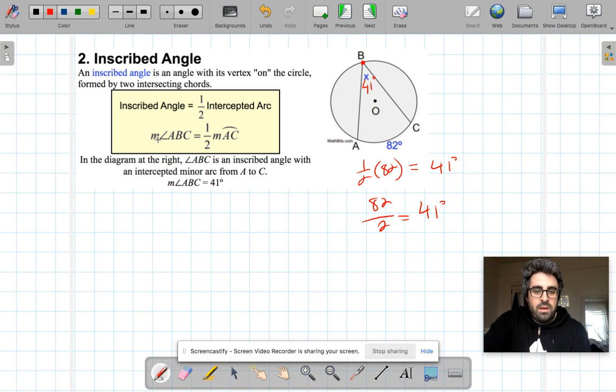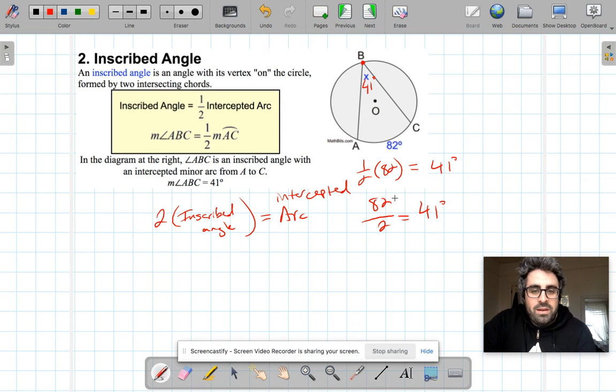The inscribed angle is equal to half of the arc, or we can also say that 2 times the inscribed angle is equal to the intercepted arc. Let me make sure I'm spelling that correctly. Intercepted arc. Okay, so we can use that as well.